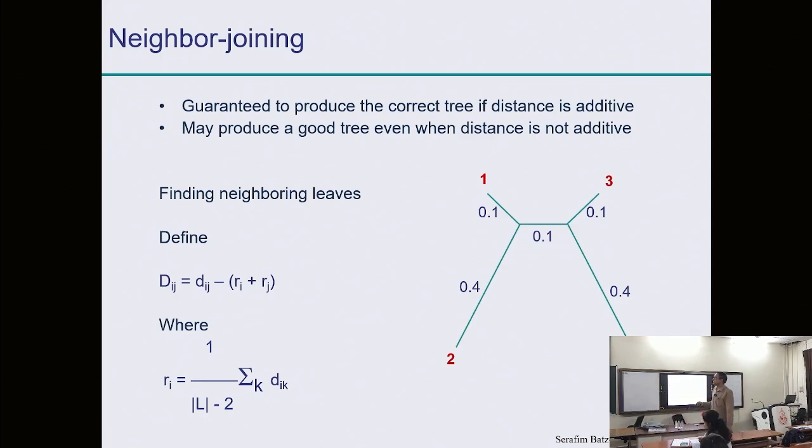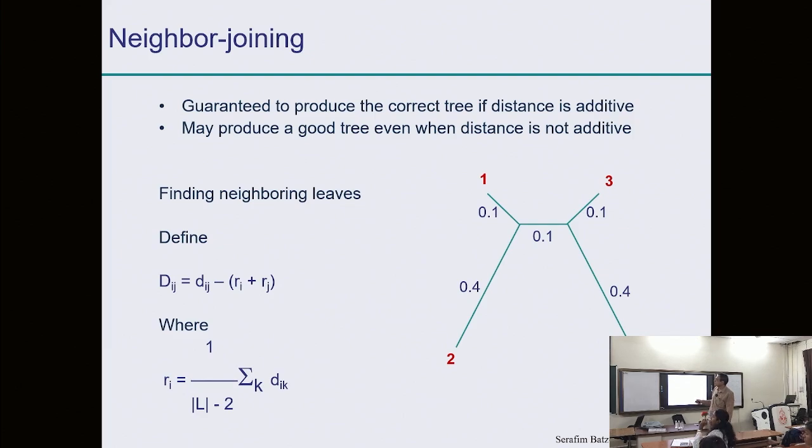Ri is the average of the distances from a node. So, for example, you want to compute the distance between 1 and 2 using the neighbor joining method. First you will compute D12 as in UPGMA, and then you will compute R1. R1 will be obtained by taking the average of the distances from the other nodes.